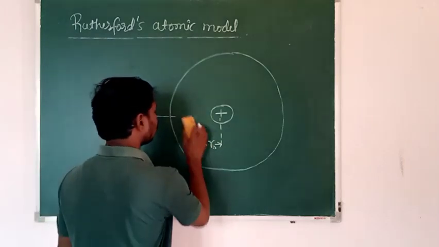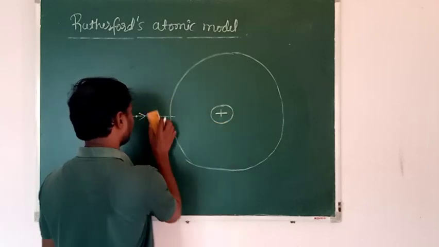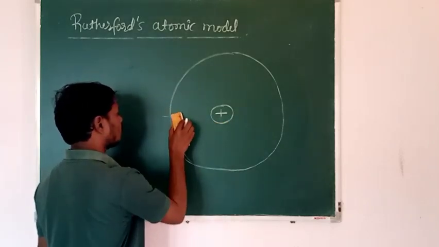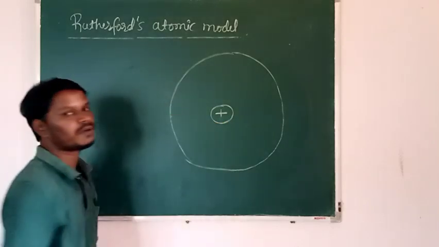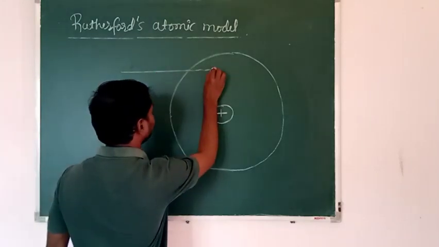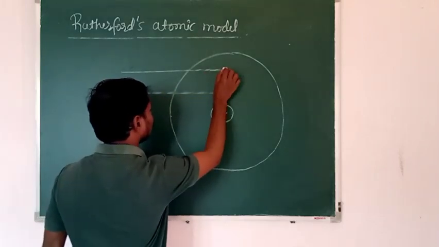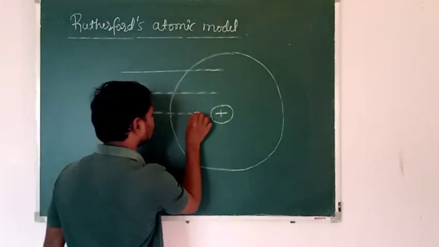Next we are going to discuss what the impact parameter is. Let us consider 3 alpha particles: this is the first alpha particle, this is the second alpha particle, and this is the third alpha particle.